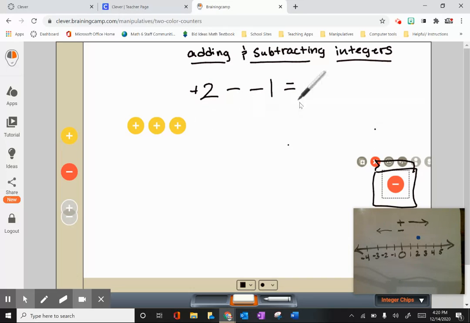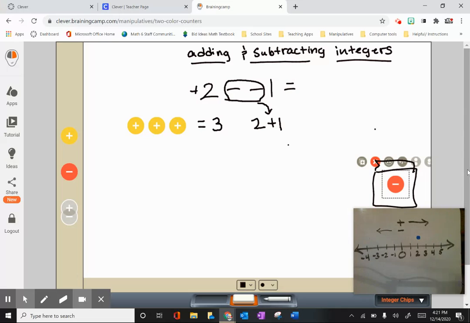So by taking away that negative, it actually turns out to increase these. So it's actually the same as saying 2 plus 1. By taking away a negative, this take away negative part turns out to be the same as addition.